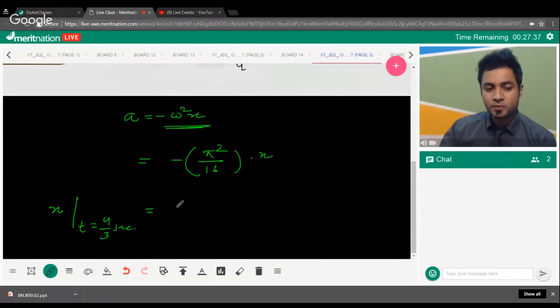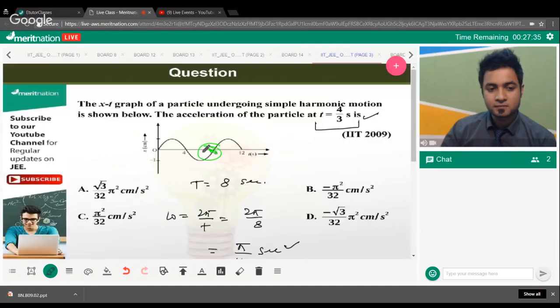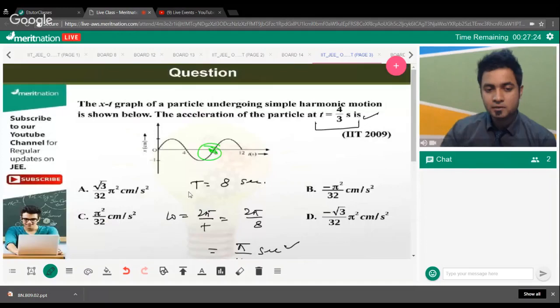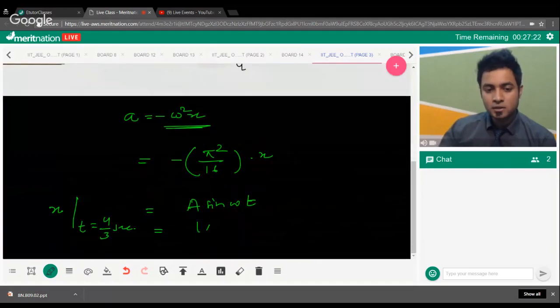So what is x? You can represent x as A sine omega t, right? What is A? That is 1, right? So 1 into sine. What is omega? That is pi by 4. And what is the time here?